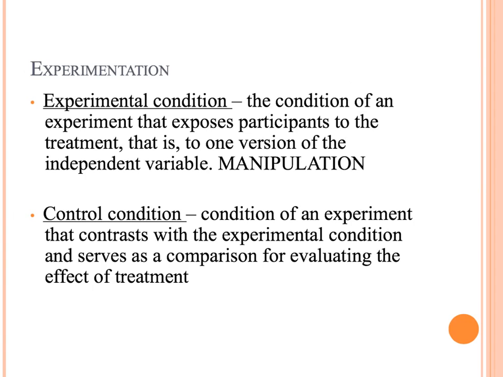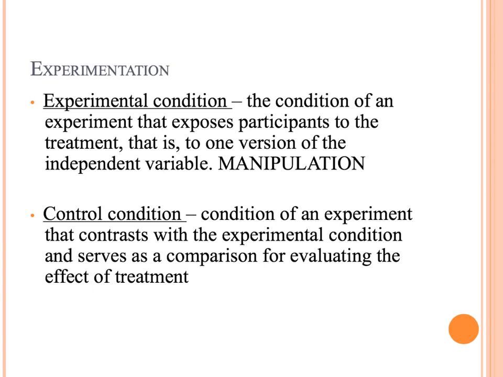In the experimental condition or experimental group, the condition of the experiment exposes participants to the treatment, that is, to one version of the independent variable, or manipulation. In other words, this is the subject, condition, or group that receives the manipulation or the actual drug.